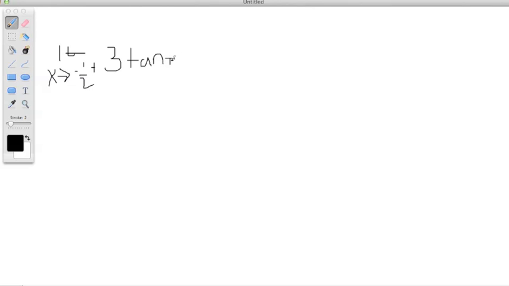So you would write the limit as x approaches -1/2 from the right of 3 times the limit as x approaches -1/2 from the right of tangent pi x.